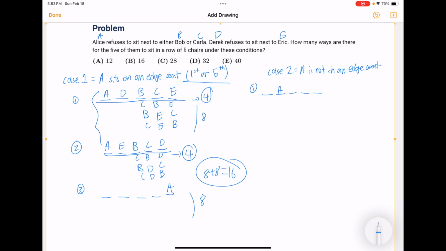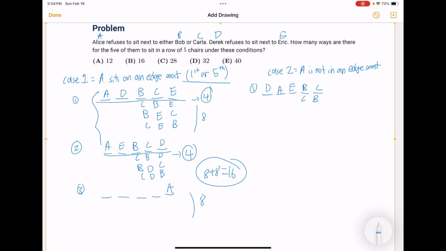When A is in the second seat, the seat beside A must be either D or E, because keep in mind that A refuses to sit next to either B or C. So that means that the seats right beside A must be D or E. And then therefore B and C can just fall into the last 2. There are a couple arrangements for this scenario because C and B can switch.